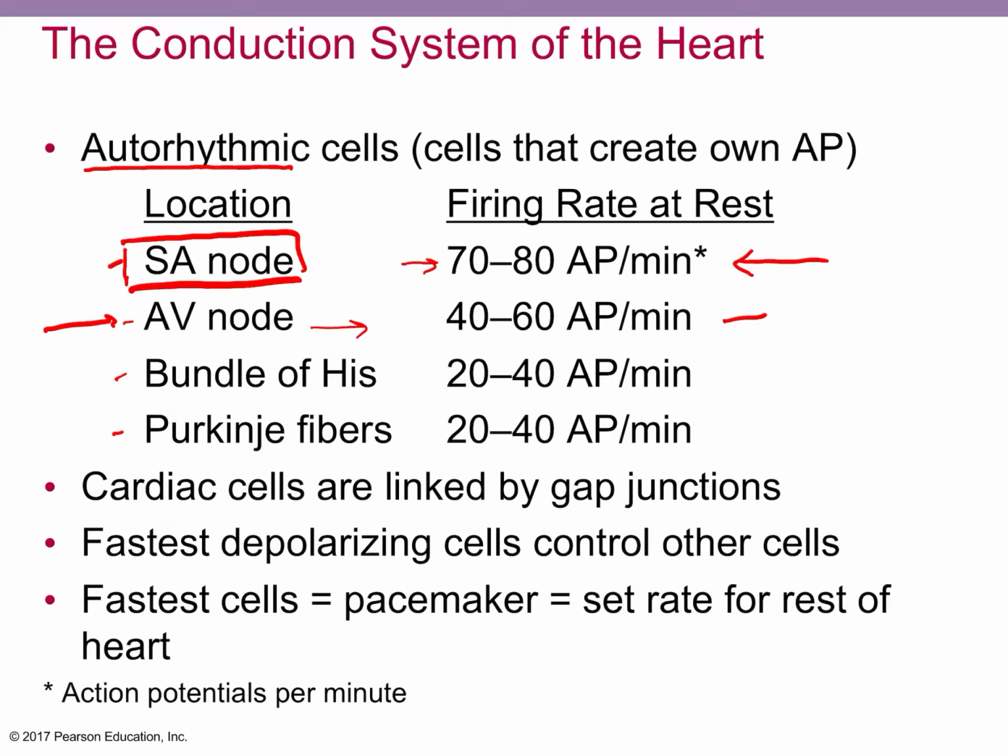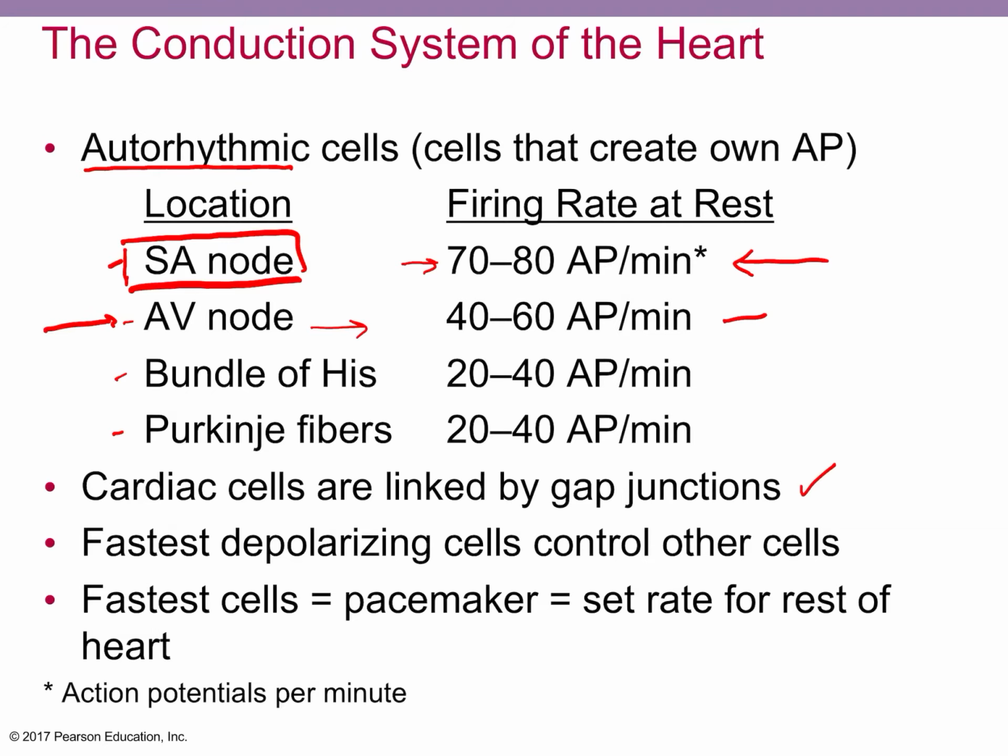And so the rest of the fibers, the bundle of His first and then the Purkinje fibers, get the message in a delayed fashion. And that's good because it allows the ventricles to fill with blood before they contract.